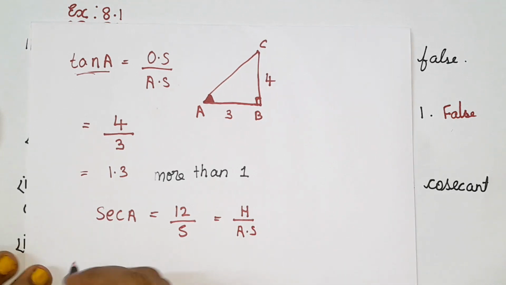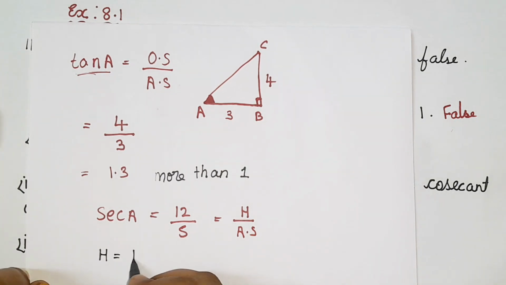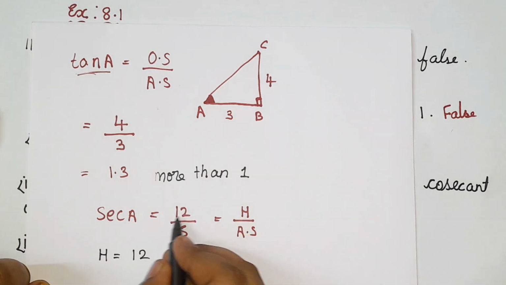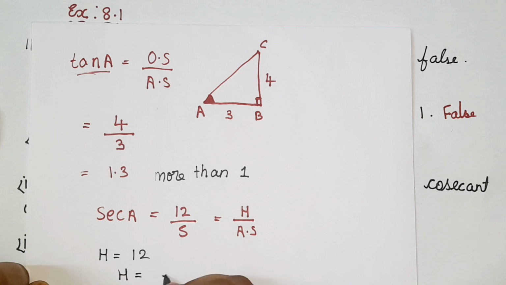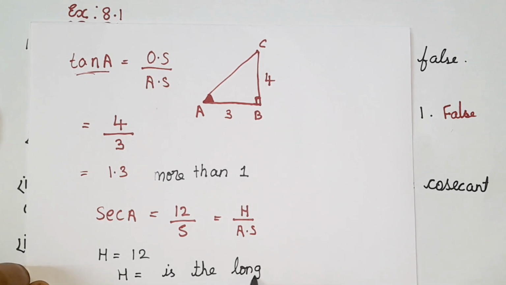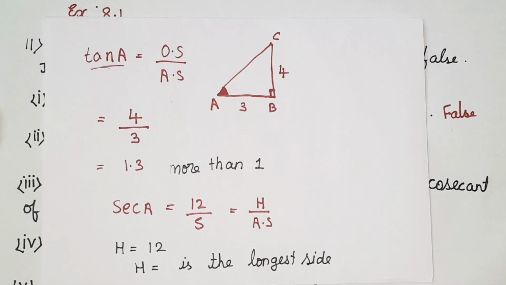Here the hypotenuse value is equal to 12, isn't it? When you check it, the hypotenuse is 12 and the adjacent side is 5. You know the hypotenuse is the longest side in the triangle, isn't it? Of course you know that the hypotenuse is the longest side.